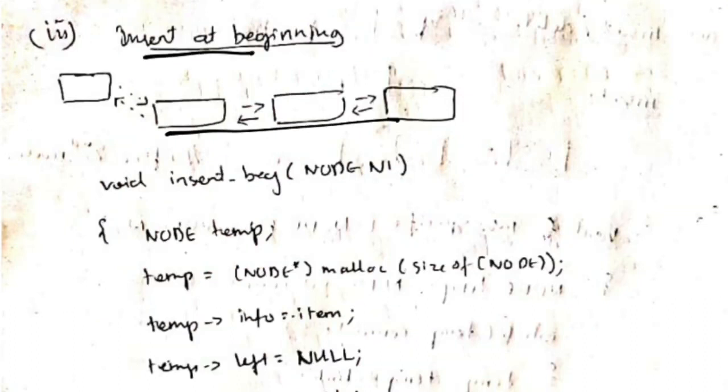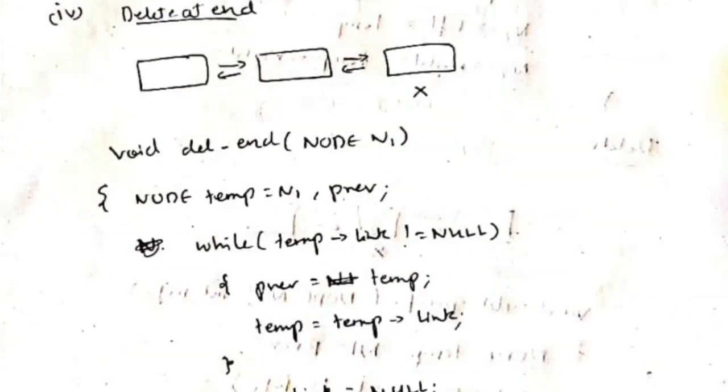Suppose that this is the linked list. If you have to insert at the beginning, the left part of the first node will point to the newly created node, and the right part of the new node will point to the first node. In that way you can insert at the beginning. Delete at the end means we will have two pointers. The first one will be pointing to the current location, and the other will be pointing to the previous one.